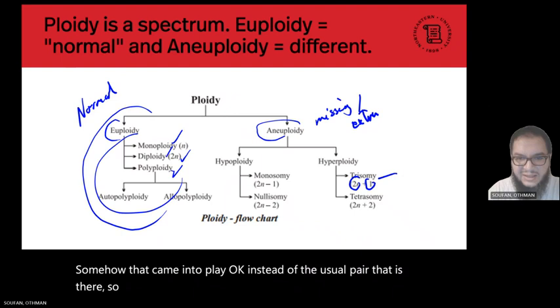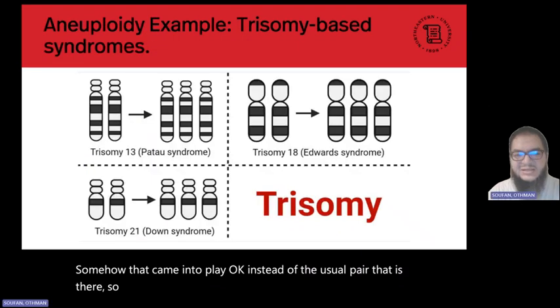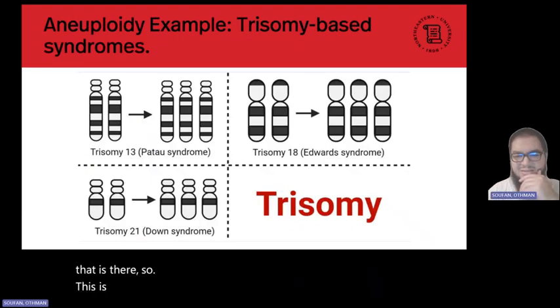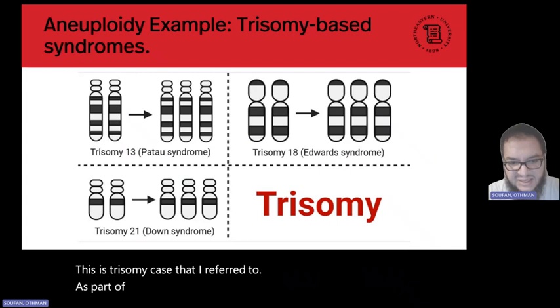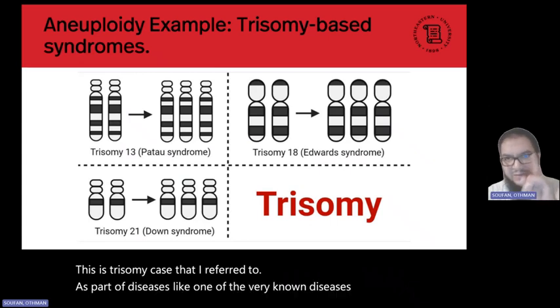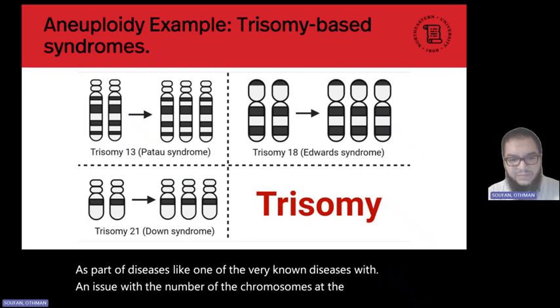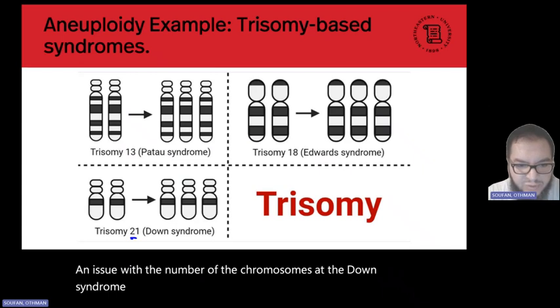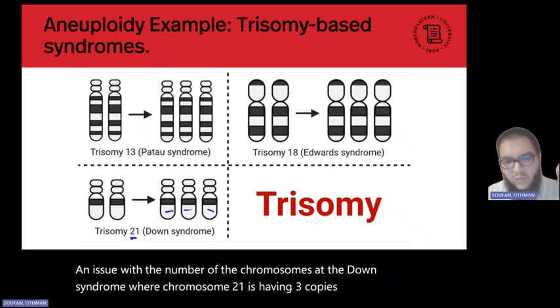So this is a trisomy case that I referred to as part of diseases, like one of the very well-known diseases with an issue with the number of chromosomes, Down syndrome, where chromosome 21 has 3 copies instead of 2.